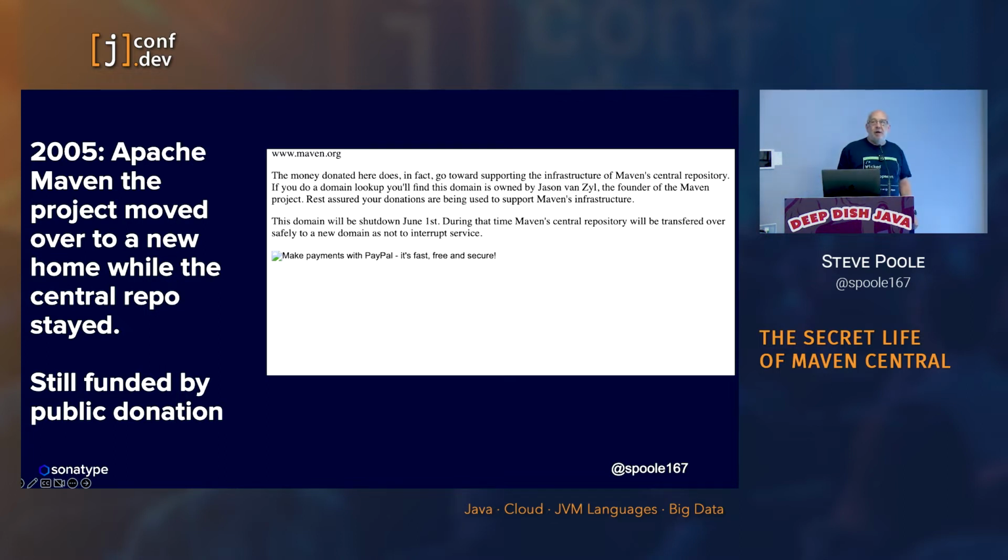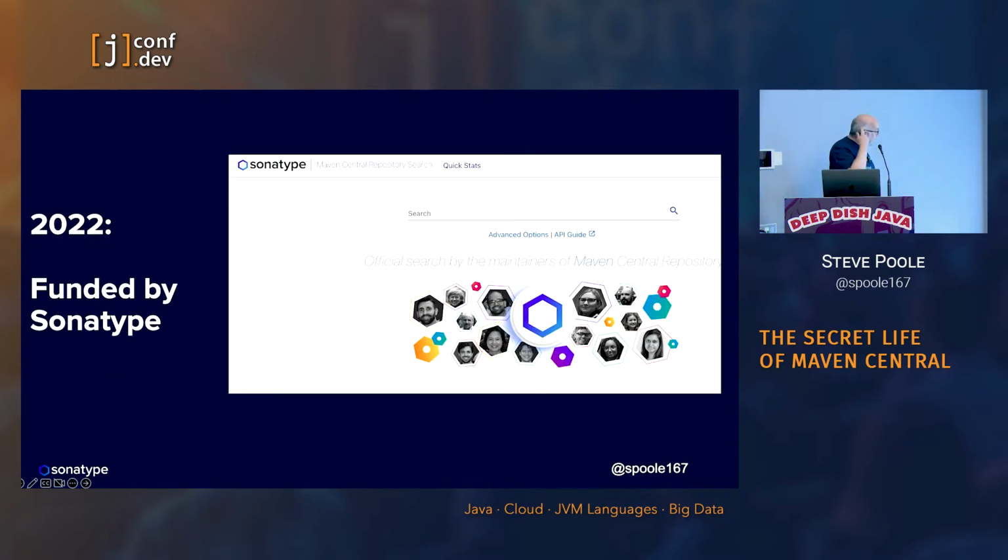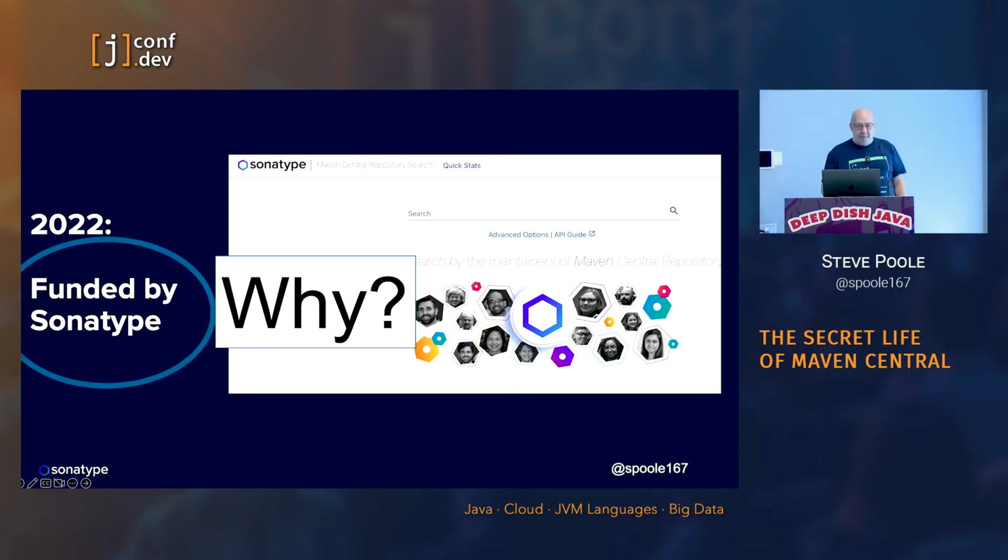Lots of people reaching in their pockets and giving us cash to run this. And then you roll right forward to today, and well, it still exists, but it's funded by Sonatype. And so one of the questions you might want to ask is, why is it that a company is still, after all this time, quietly funding the center of the Java universe?